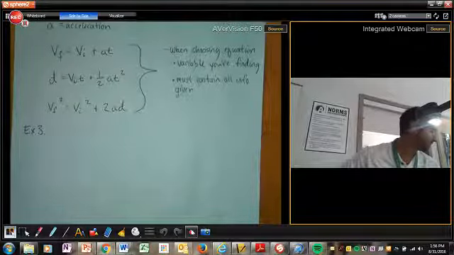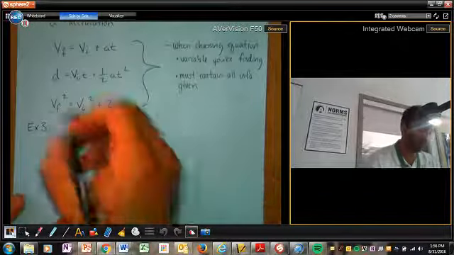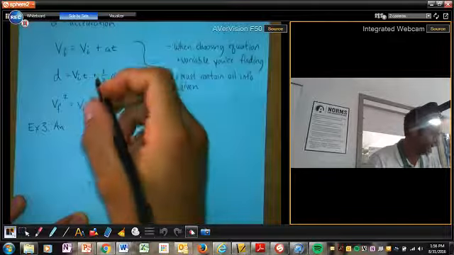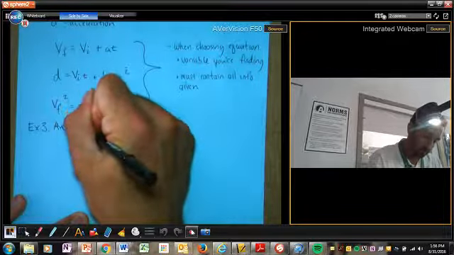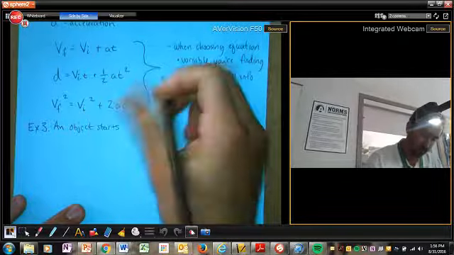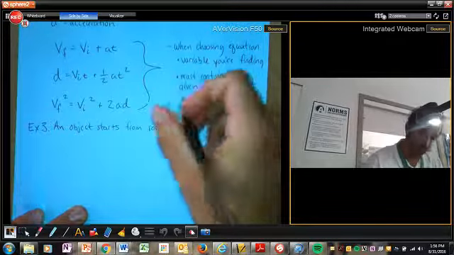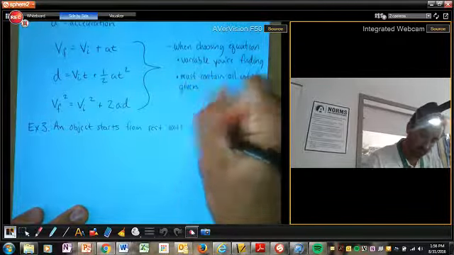Alright, I'm going to go ahead and start writing the example, so just copy it down with me. An object starts from rest. That's important, right? With a constant acceleration of 8 meters per second squared.